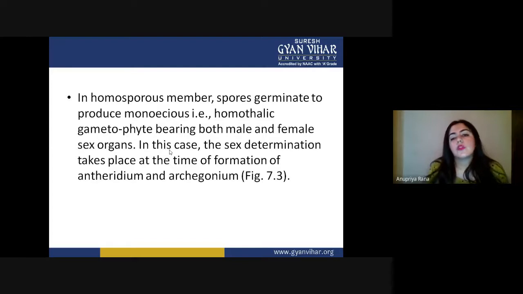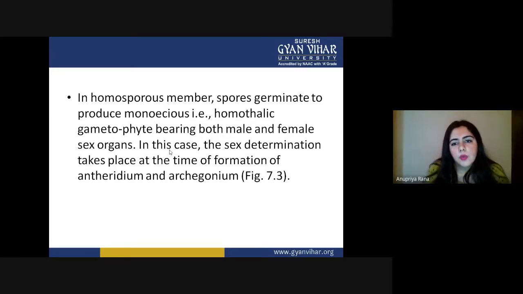In homosporous members, spores germinate to produce monoecious, homothallic gametophytes bearing both male and female sex organs. This was what was left. We just see how the heterosporous life cycle works. In homosporous, the male and female gametes are not produced by a microgametophyte or megagametophyte. They are produced by the same kind of spore.